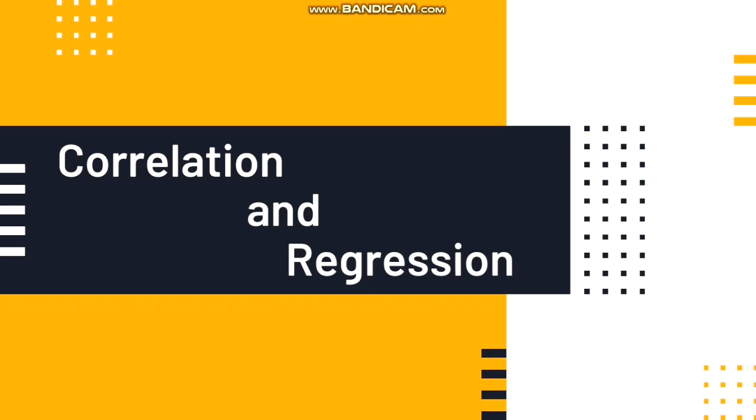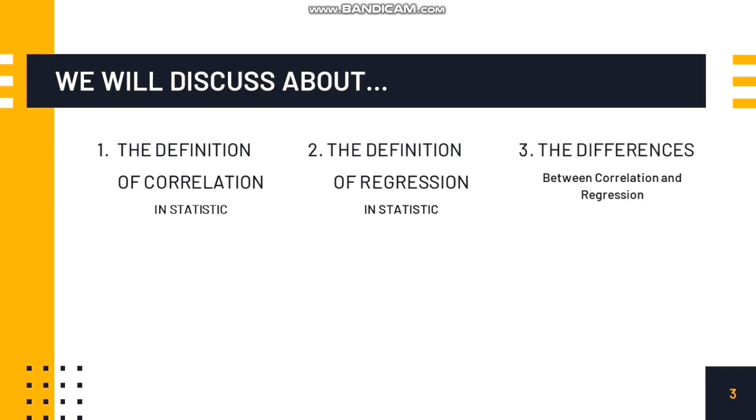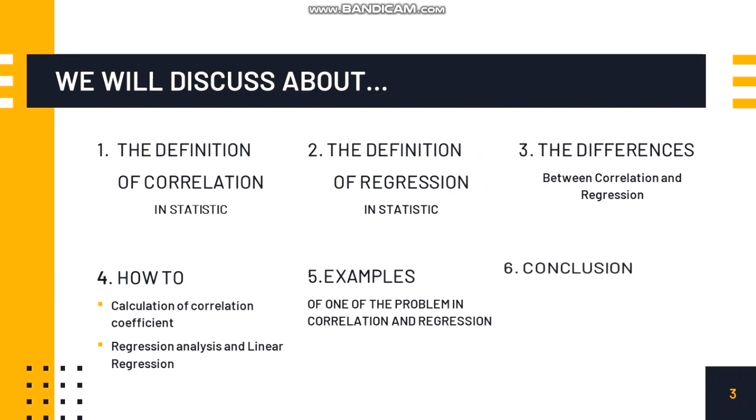In this video, we would like to discuss the definitions of correlation in statistics, the definitions of regression in statistics, the differences between correlation and regression, calculations of the correlation coefficient and regression analysis and linear regression, examples of a problem in correlation and regression, and last but not least, the conclusion. Well, without any further ado, let's move to the next part.